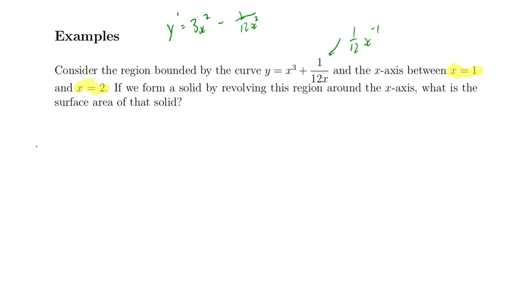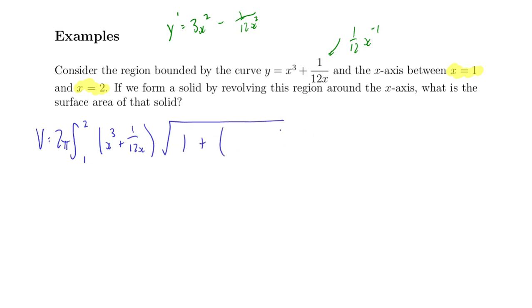All right, so here's our surface area formula. 2 pi times the integral from 1 to 2 of our function, x cubed plus 1 over 12x, times the square root of 1 plus our derivative squared, dx. I will need the second slide for this one.